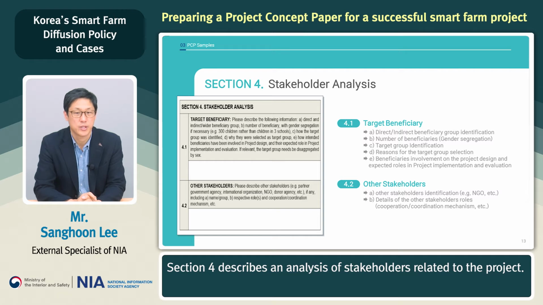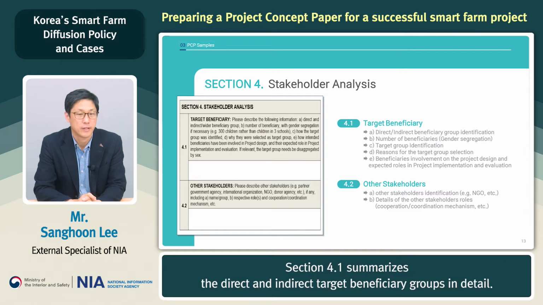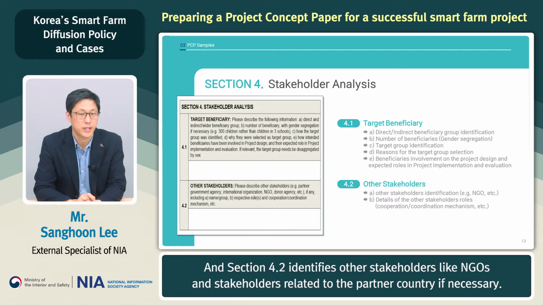Section 4 describes an analysis of stakeholders related to the project. Section 4.1 summarizes the direct and indirect target beneficiary groups in detail. And Section 4.2 identifies other stakeholders like NGOs and stakeholders related to the partner country if necessary.